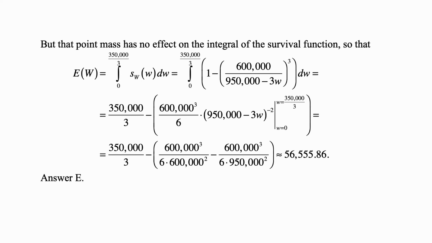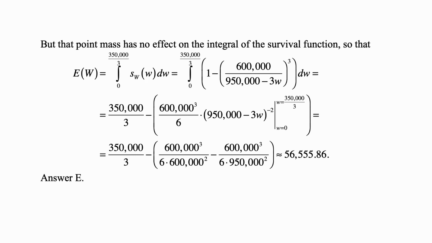So the expected value of W is the integral from 0 to 350,000 divided by 3 of the survival function of w, which is, as we just calculated, 1 minus 600,000 over 950,000 minus 3w, to the power 3.